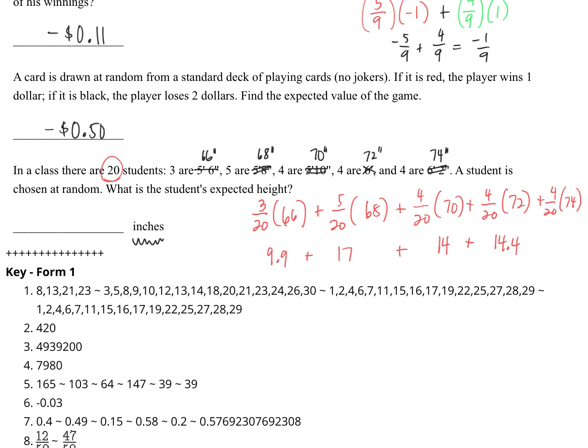And 4 divided by 20 times 74 would give you 14.8. So now we're going to add all those together. 9.9 plus 17 plus 14 plus 14.4 plus 14.8, and we'll get 70.1.